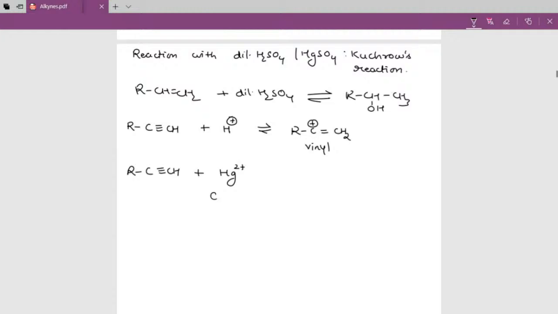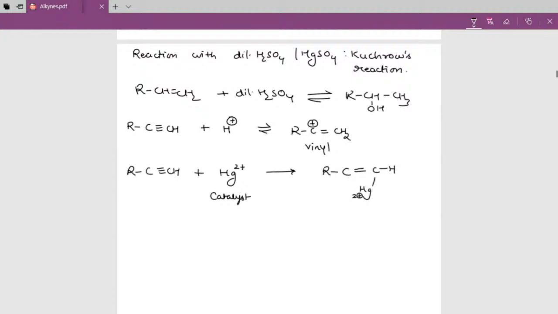This will function as a catalyst. How will it function as a catalyst? This Hg2 plus will generate a cyclic mercurinium ion.